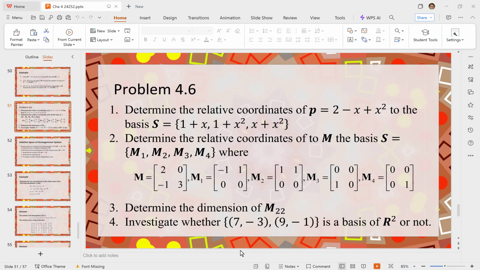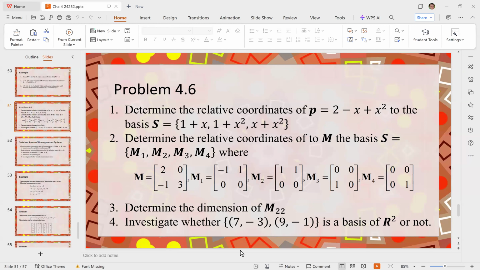P is 2 minus x plus x square. S is 1 plus x, 1 plus x square, and x plus x square.